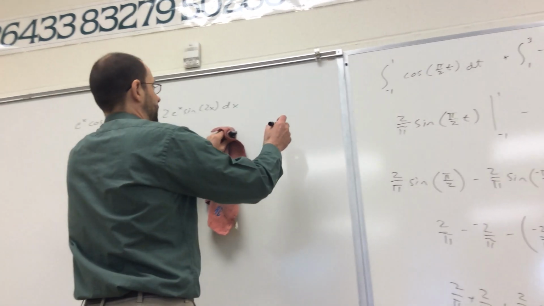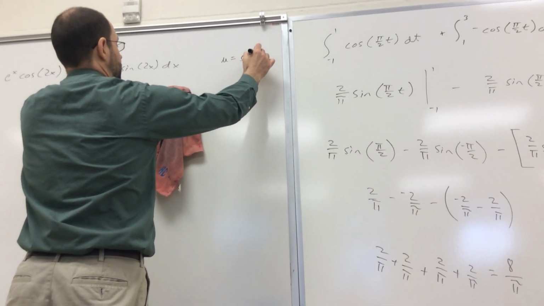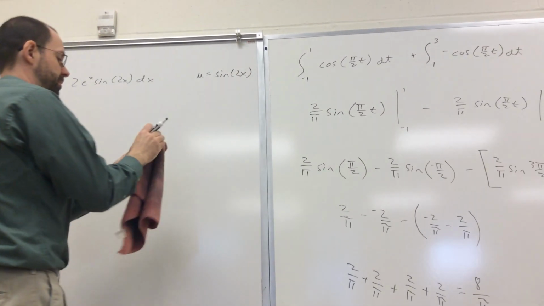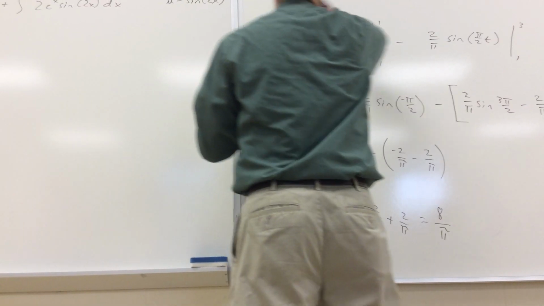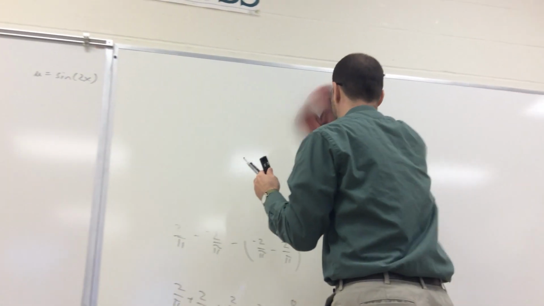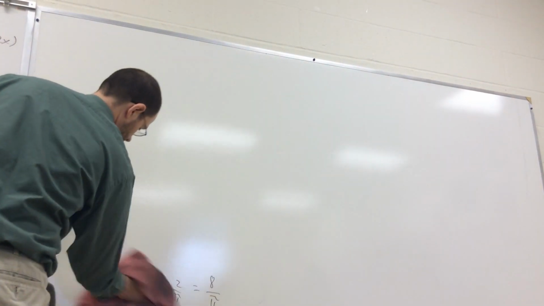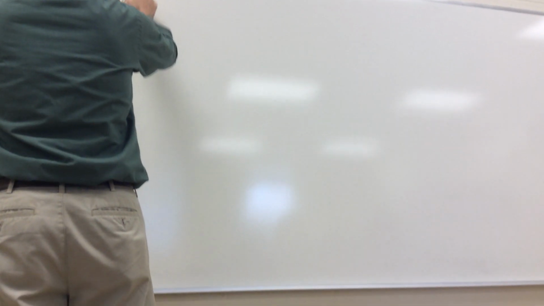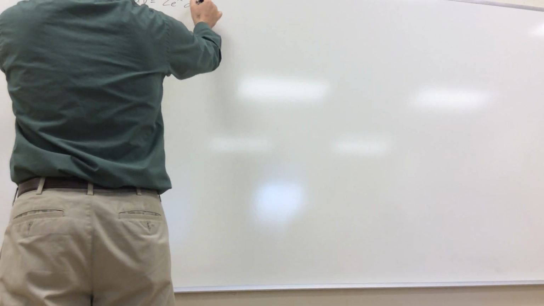So now we're going to have u equal sine 2x and we're going to have dv equal 2e to the x dx.